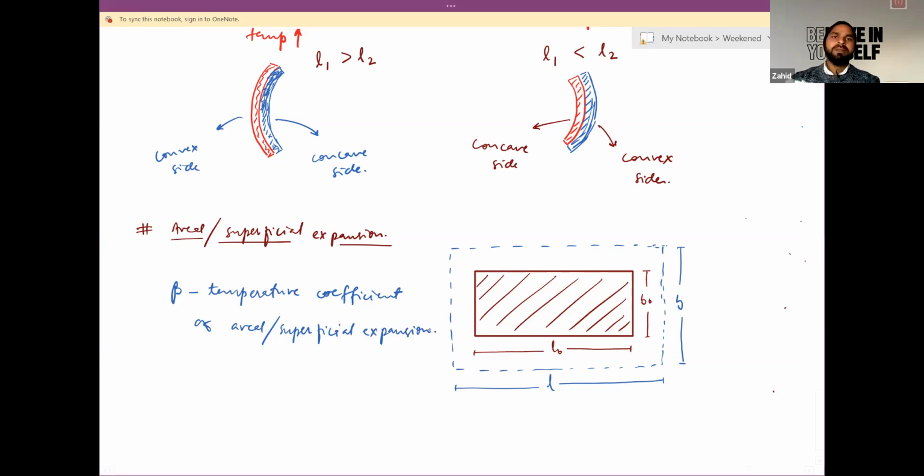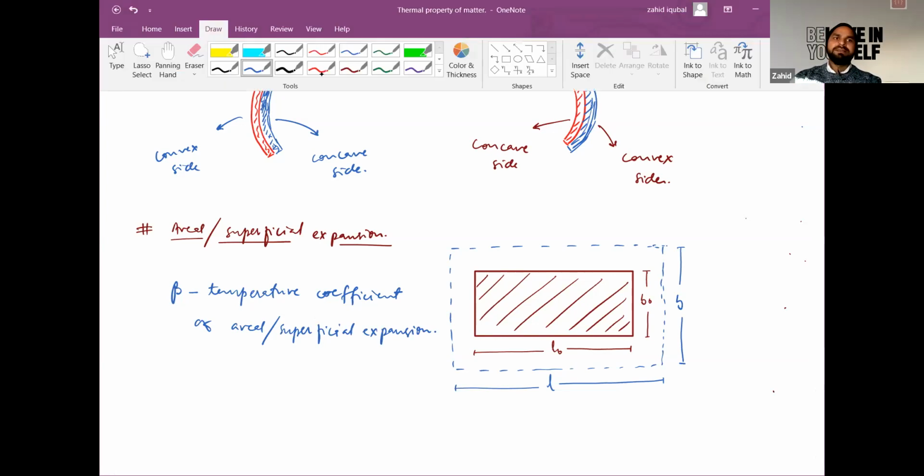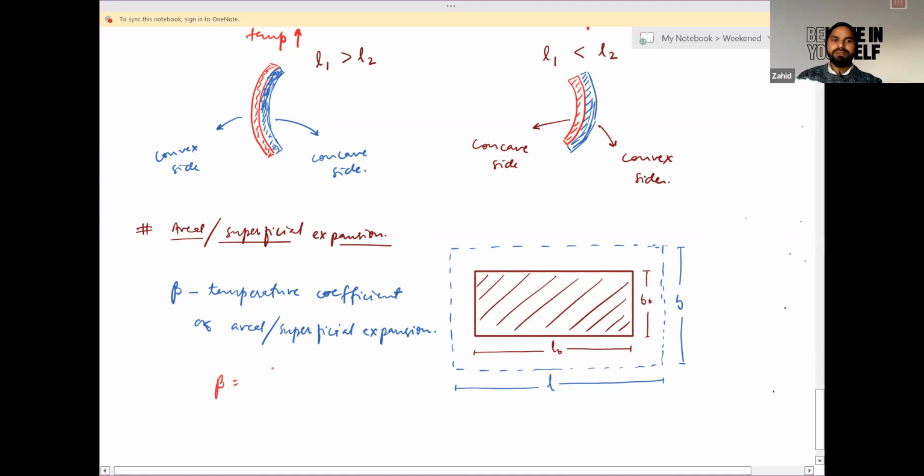We can define it in terms of area as beta equals change in area divided by initial area times change in temperature.